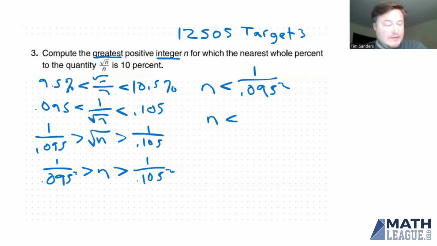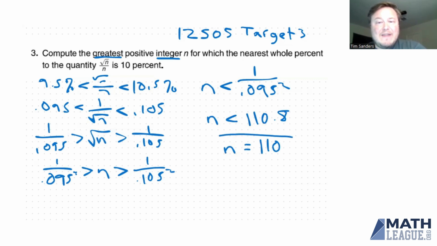So n is less than about 110.8, and of course, we are looking for the greatest positive integer. So what's the biggest integer that's less than 110.8? That's going to be n equals 110. And that is how it's done.